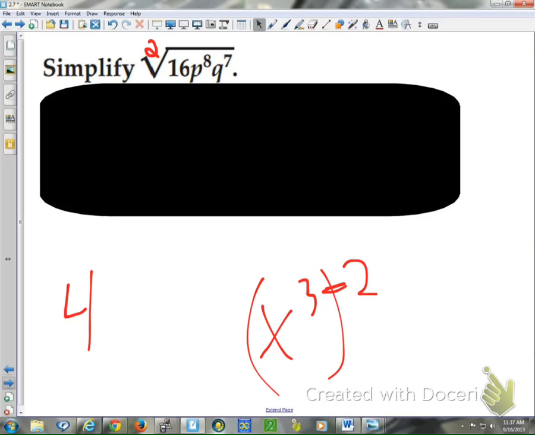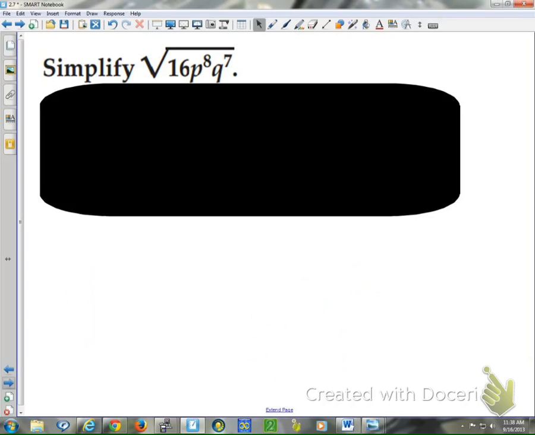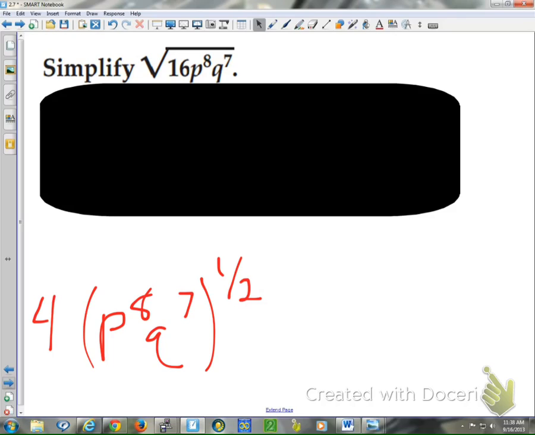That'd be x to the 6th? Same exact thing. We could look at this problem, well, we already know it's 4, as p to the 8th, now that I've already taken out the 4, q to the 7th to the 1/2 power. And all you have to do is multiply your exponents.